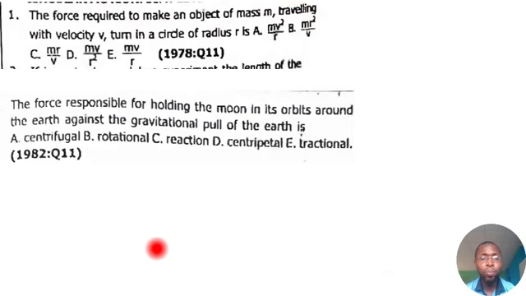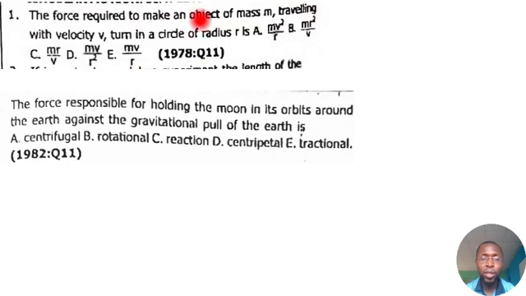Now, let us look at an example on this. Look at question 1 here. It says the force required to make an object of mass m traveling with velocity v turn in a circle of radius r is: a, mv squared over r; b, mr squared over v; c, mr over v; d, mv over r squared; e, mv over r.